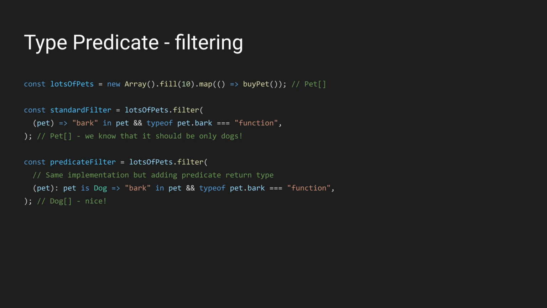We define it to return whether the item is a dog. After filtering, we obtain an array of dogs. This is much better because now we can safely and more precisely handle the items that remain. Of course, we can define this filter as a separate function, as was shown in the previous slides, and then use it inside the filter method. This would result in even cleaner code.